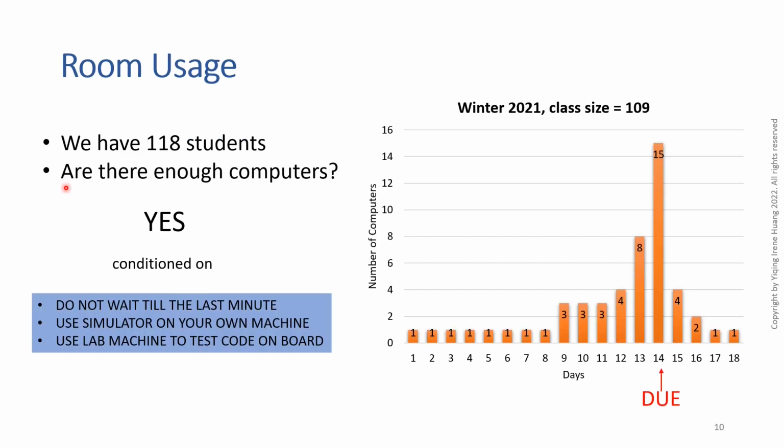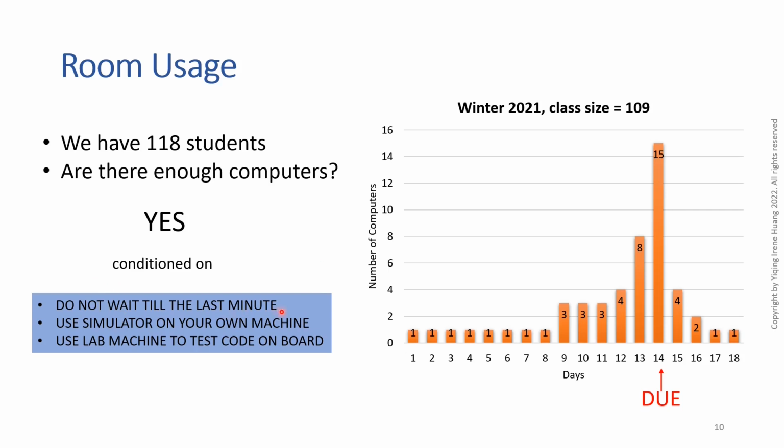I guess the big question is, do we have enough computers for 118 students in our class? And the answer is a big yes. Here is the plot I generated from last year's data. You can see most of the time the computer usage is pretty low, and then it gradually picks up as we approach the due date, and around the due date we have this big spike.